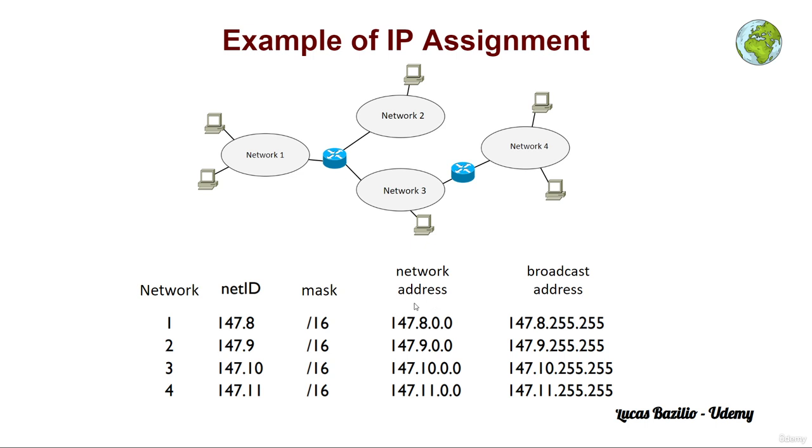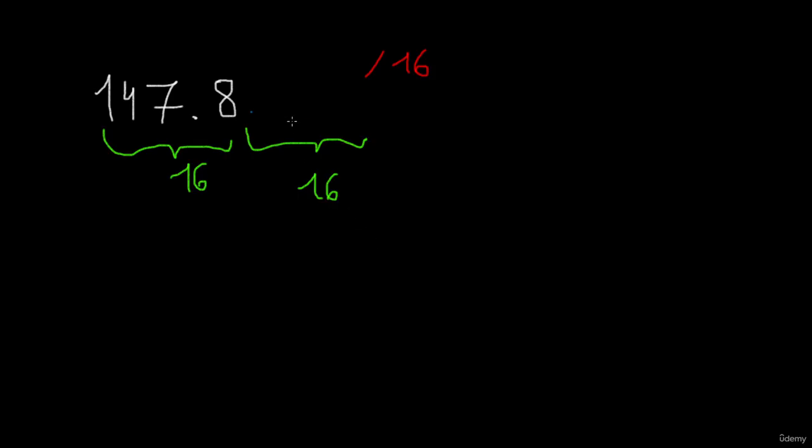In the same way, if we want the broadcast address of this network, all of the bits of the host ID must be 1. The remaining 16 bits must be 1, and remember that each period separates 8 bits. So this is a decimal value of 8 bits, and this is another decimal value of 8 bits.